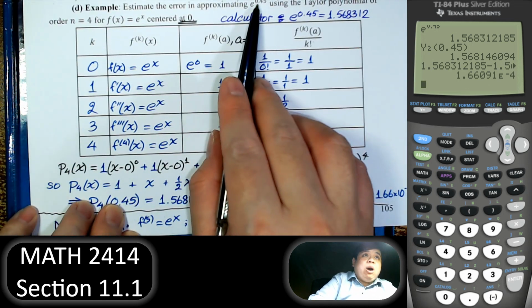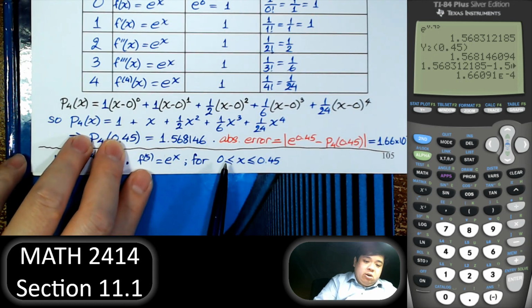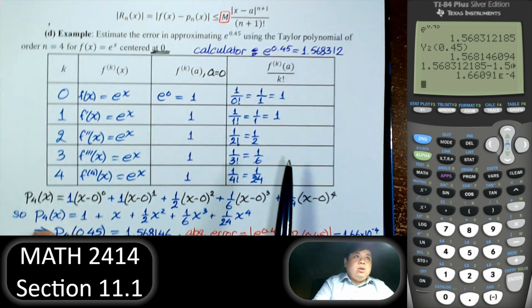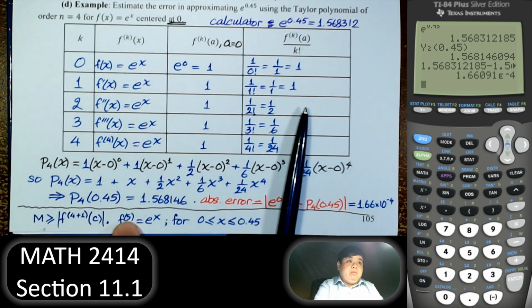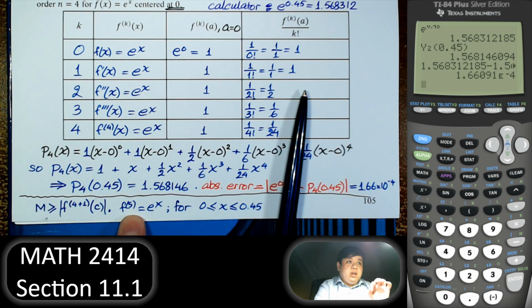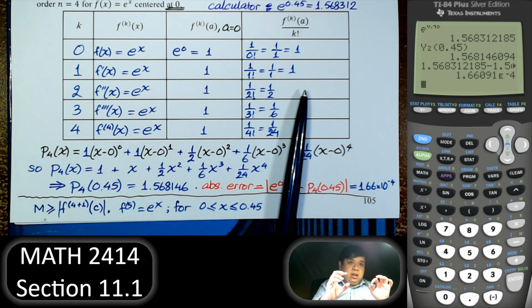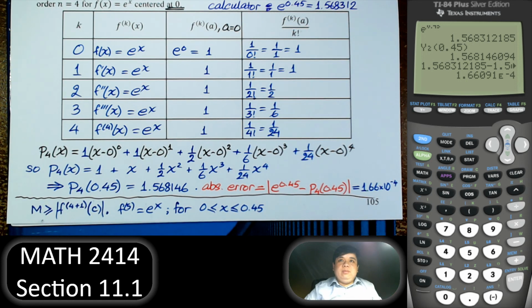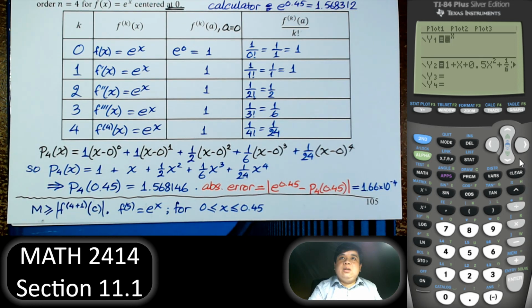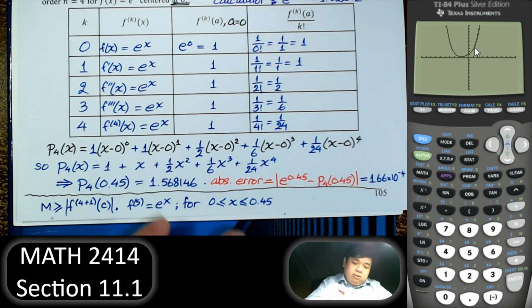Because 0 is the center, from 0 to 0.45, we're going to pick the biggest number to make the fifth derivative the biggest. Now the exponential function is going like that, so the biggest one is at 0.45.